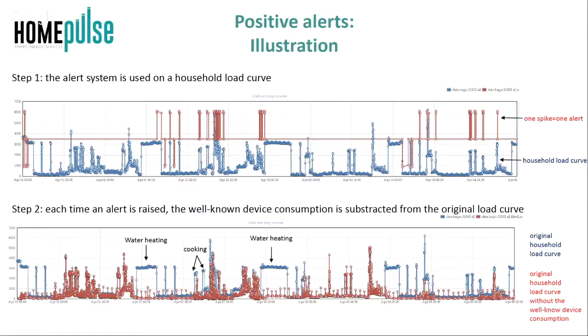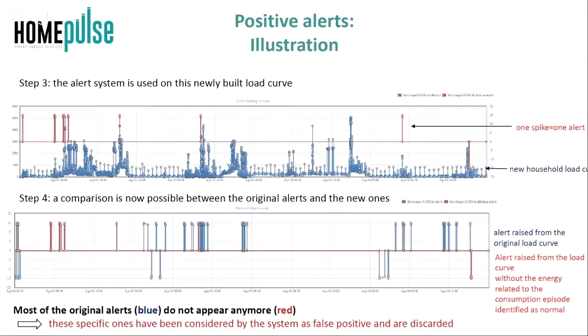We can see that, for example, thanks to the disaggregation, we know there are water heating or cooking consumption episodes during the alert. So we subtracted them from the load curve. We have a new load curve, the red load curve, which corresponds to the original one without this well-identified consumption. And we play the alert system again on this new load curve.